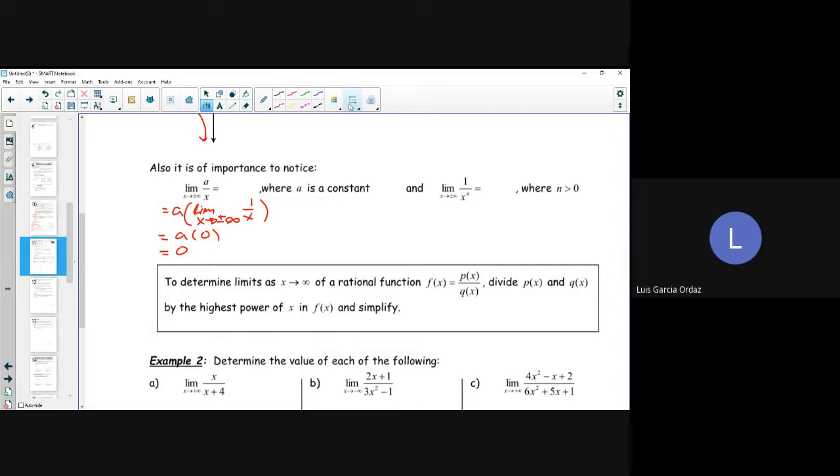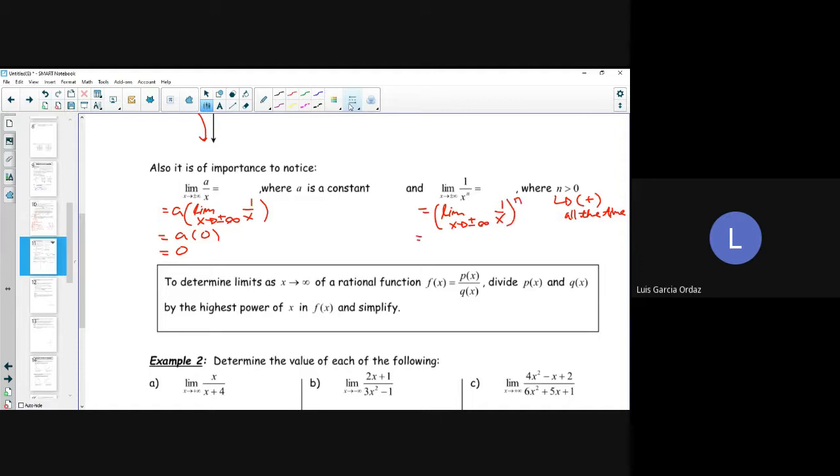So, and then we can find the limit as x approaches positive and negative infinity of 1 over x to the n, where n has to be bigger than 0, so that means it has to be positive all the time. So again, if we use our limit laws, we can rewrite this as equal to the limit of x approaching positive and negative infinity of 1 over x all to the power of n.